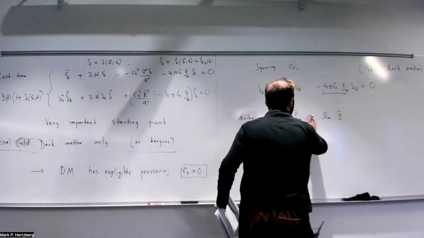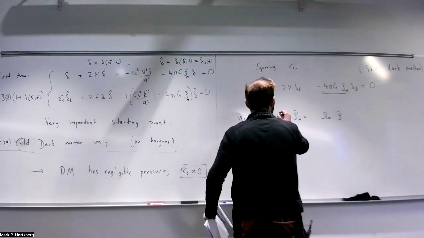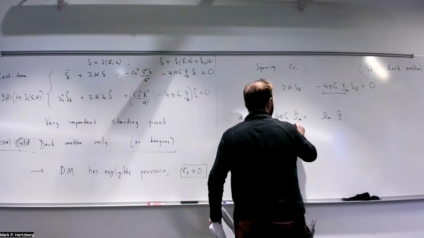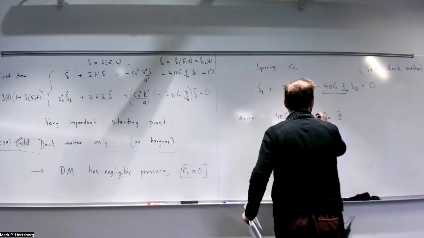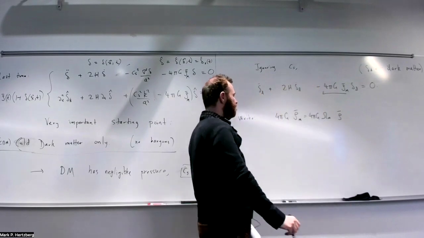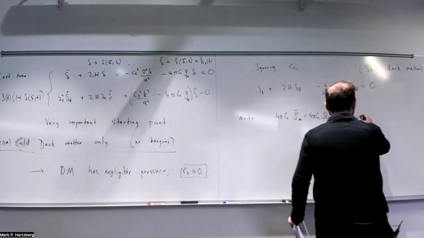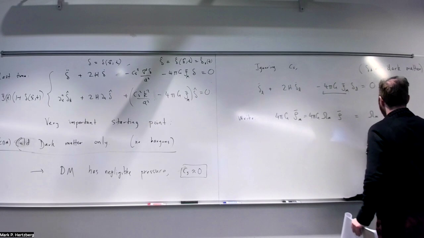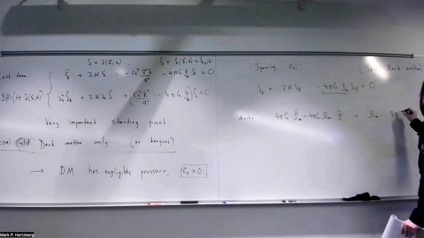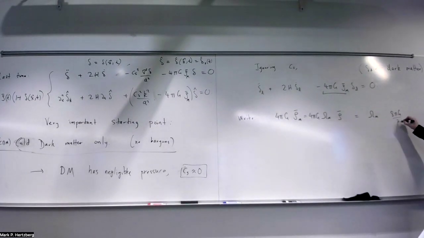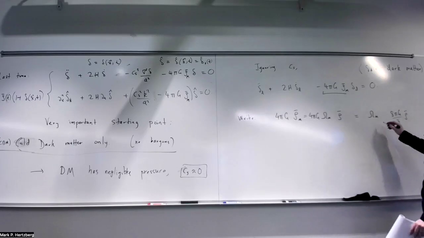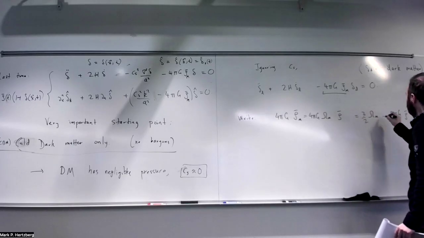I just use that because it's a little convenient. And so now, let's go a little further. I put in a 4 pi G. All right, and now I'm going to pull out the omega matter. I'm going to write this as 8 pi G over 3 rho bar times 3 halves.